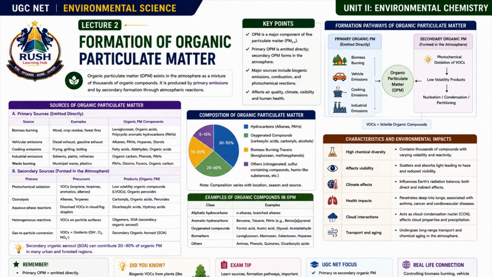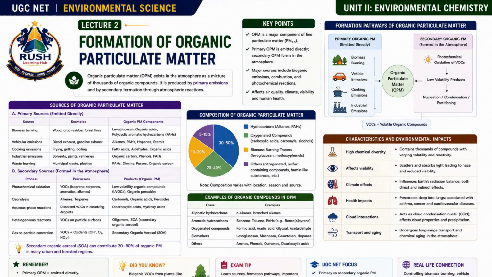This process is called secondary formation. Volatile organic compounds, commonly called VOCs, serve as the major precursors of secondary organic aerosols. These VOCs may originate from plants, industries, vehicles, solvents, fuel combustion, and natural ecosystems.